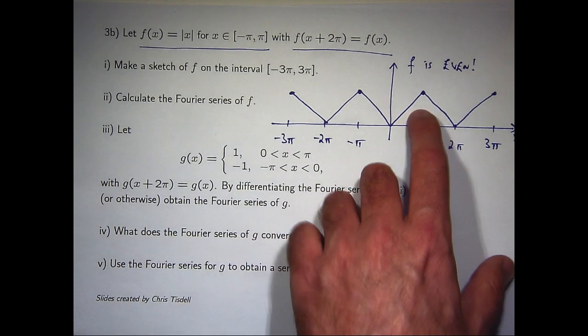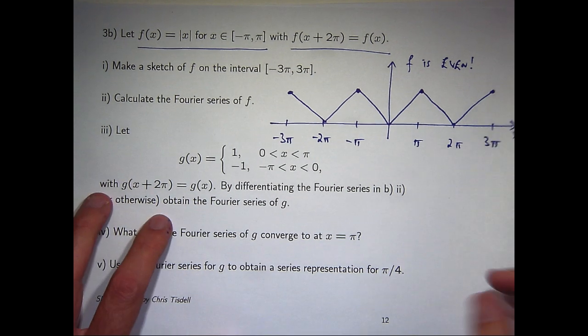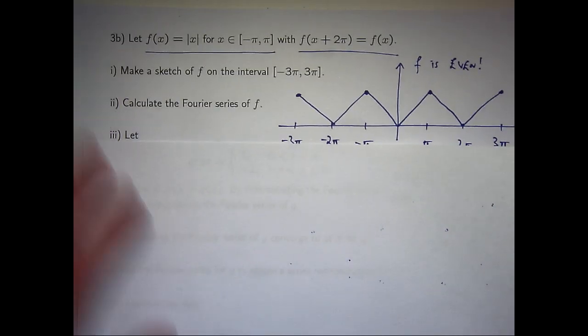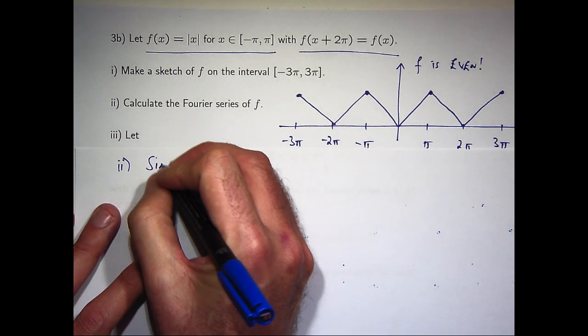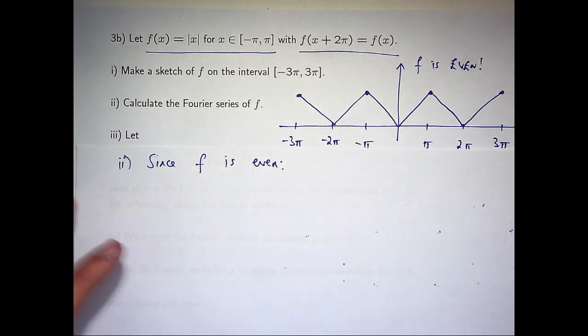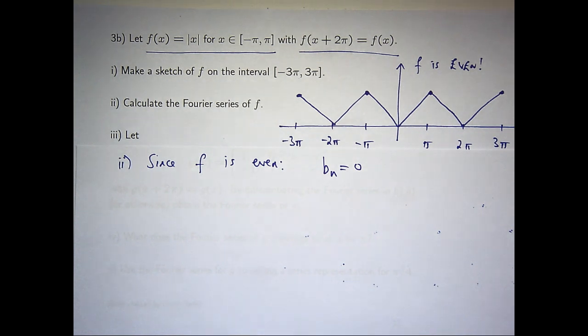So we've got an even function. Let's go ahead and use that, and we can simplify. Since f is even, the b sub n's are all 0. The a sub naught and the a sub n's we can calculate from the previous lemma.